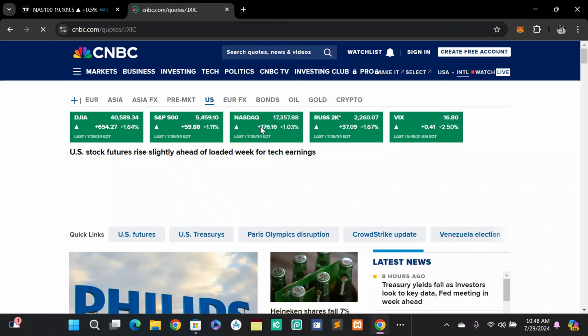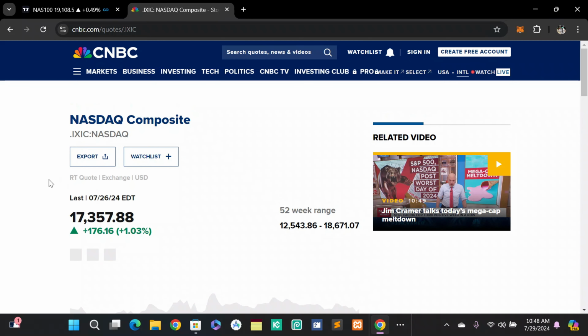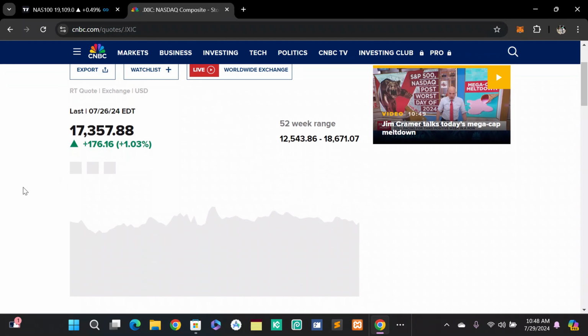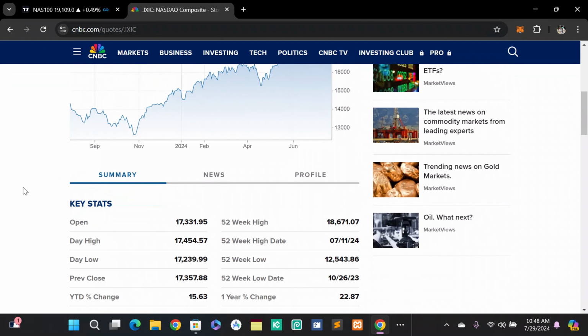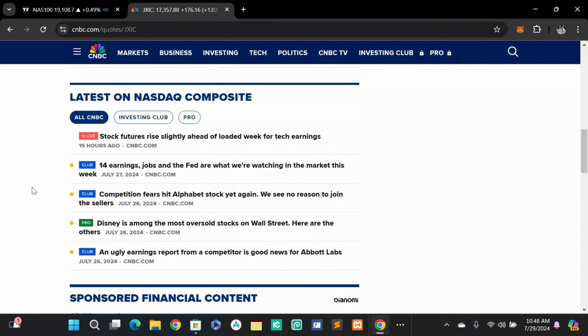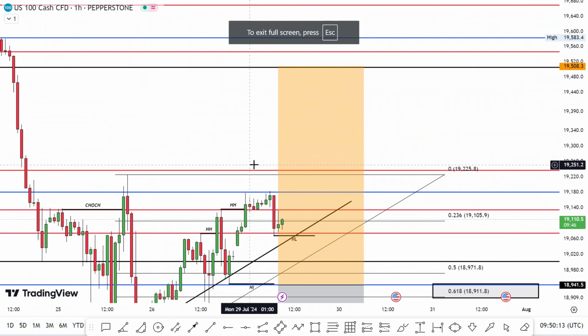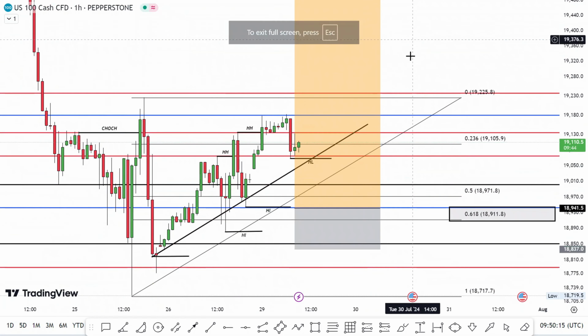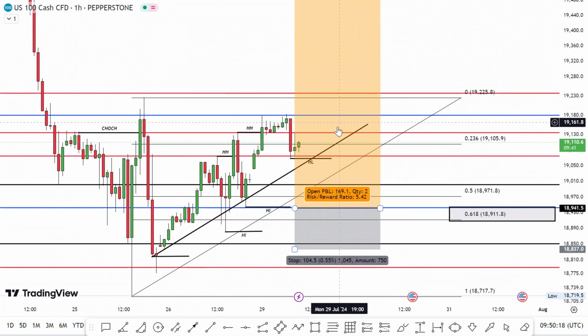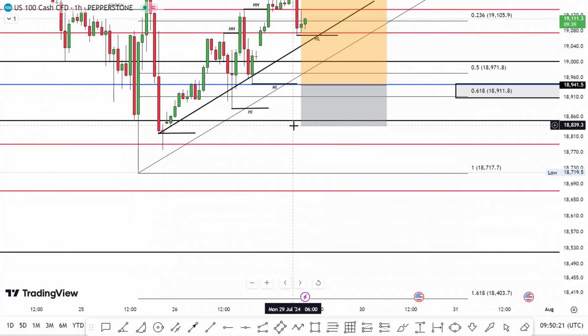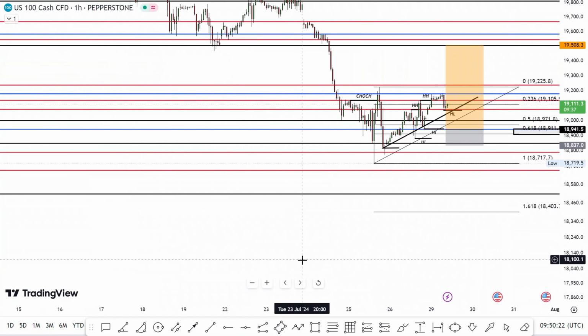So the stock market, especially Nasdaq, is waiting for the earning reports of different tech companies. If those reports have a good impact on the market, we are expecting Nasdaq to be bullish again. But if they don't, then we are expecting Nasdaq to come to this level.